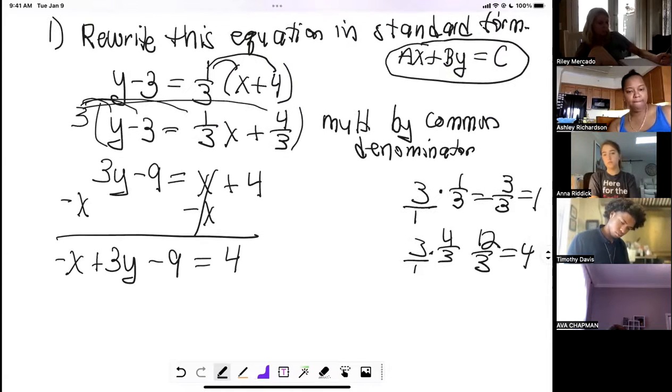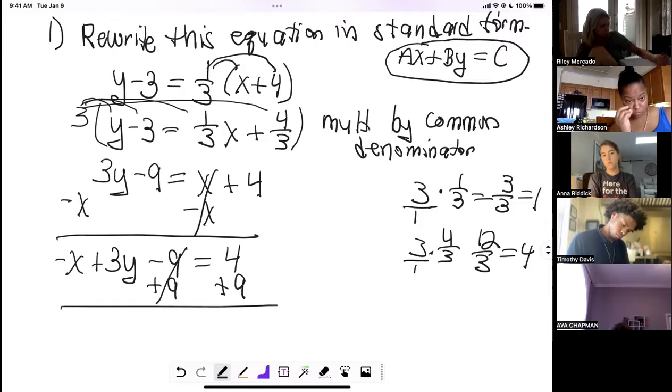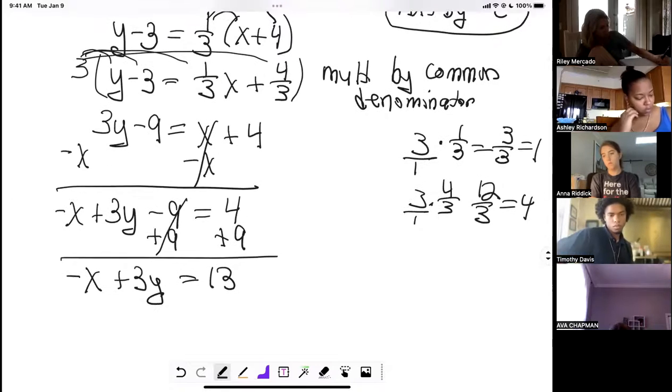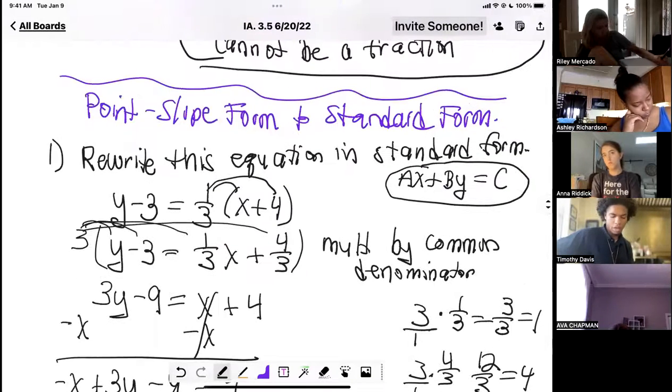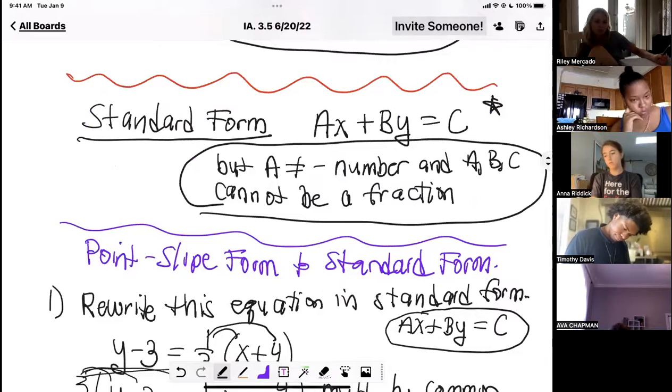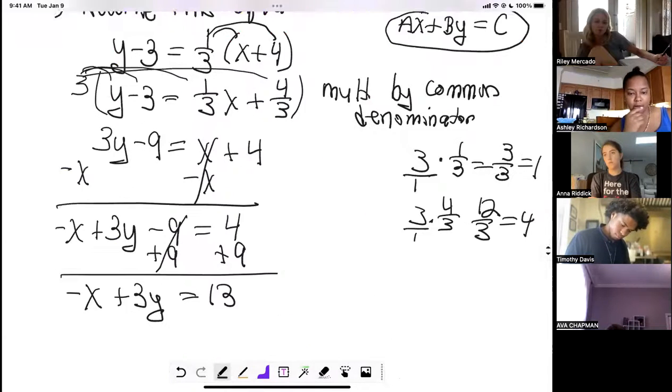So I have my x and y, but there's a problem, isn't there? Isn't x negative? We're going to fix that at the end. So we're going to add 9, put all our constants on the right. We have negative x plus 3y is equal to 13. It's almost perfect, except a cannot be a negative number. We got rid of fractions, but we can't have a negative number.